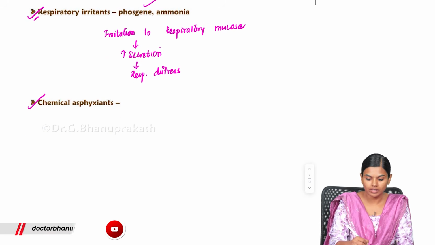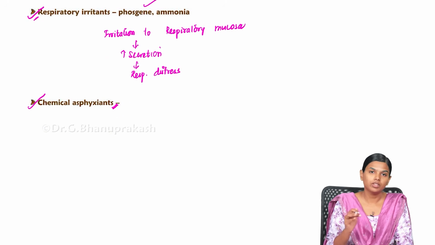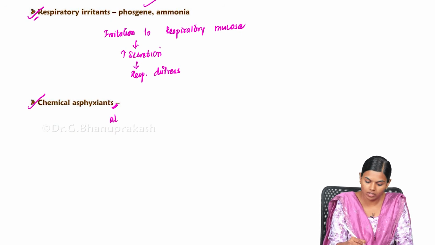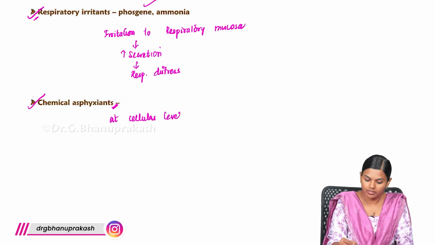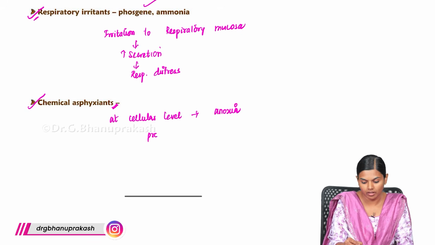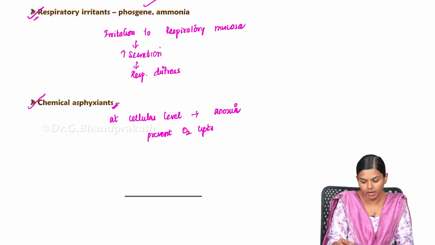Next we have chemical asphyxiants. At the cellular level, they lead to anoxia and asphyxia, because they prevent oxygen uptake by the cell.